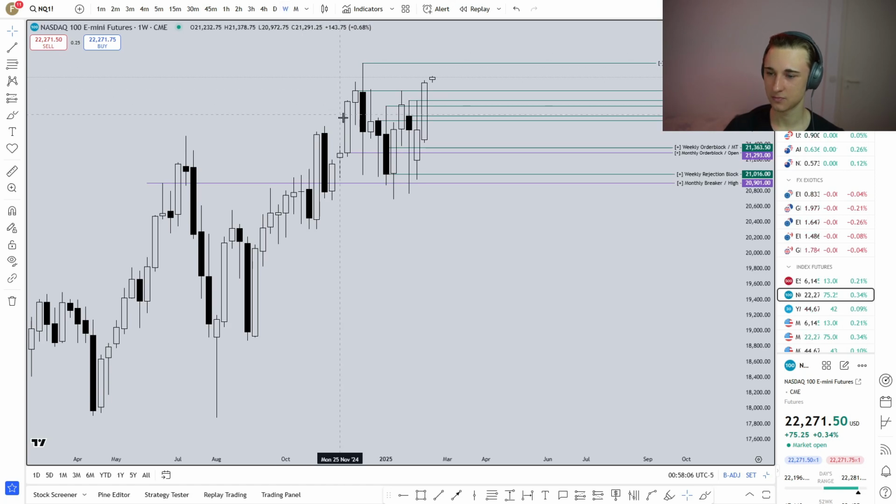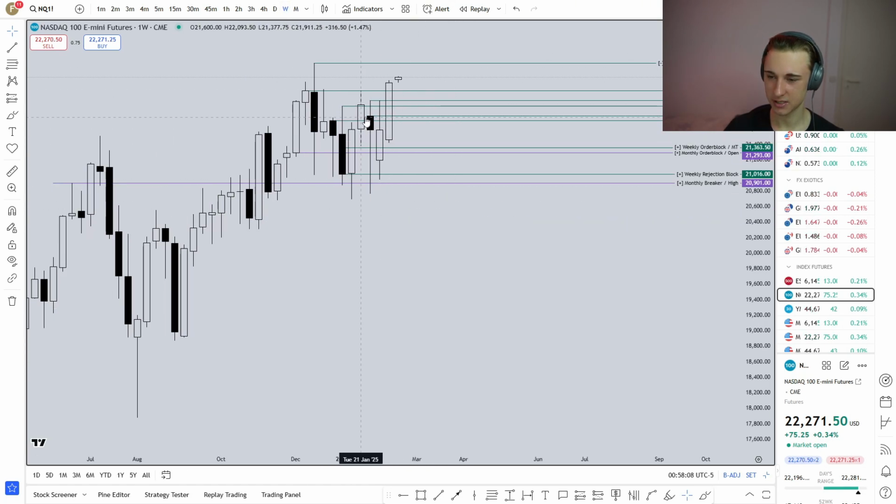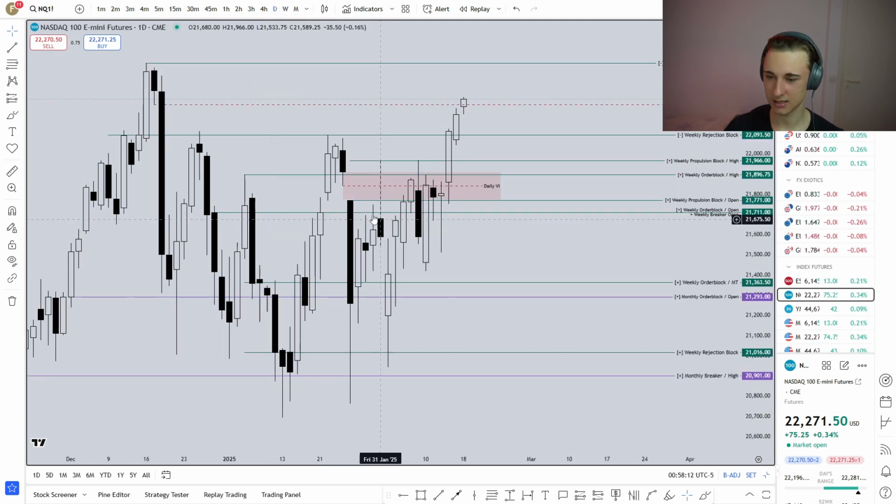Again, weekly market structure is very nice. We have this propulsion block, and on the daily, again, I already talked about this stuff. We have the closure above the buy-side liquidity pools. So it looks like we're breaking out of this consolidation, and NQ is really the leadership market, and my target is the all-time highs again.